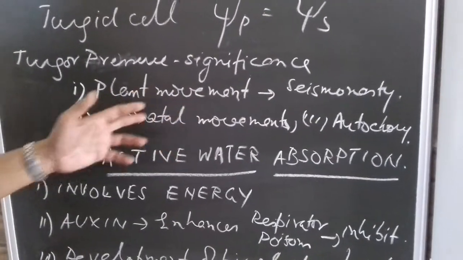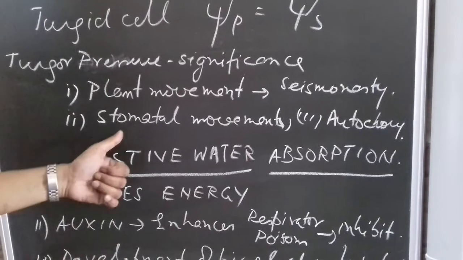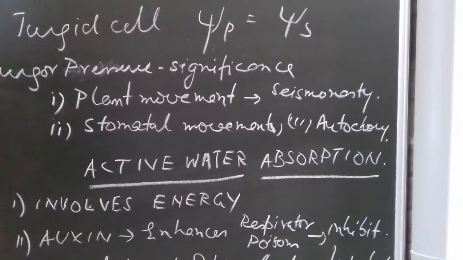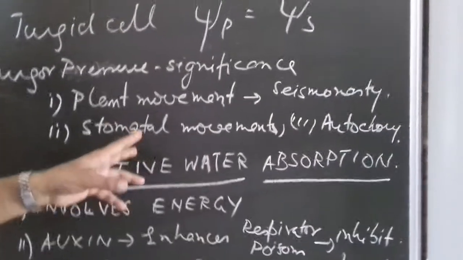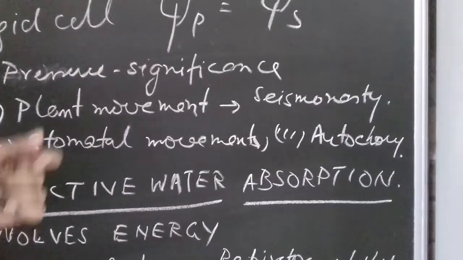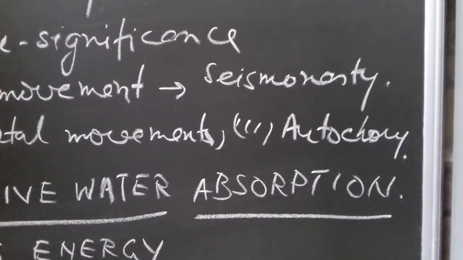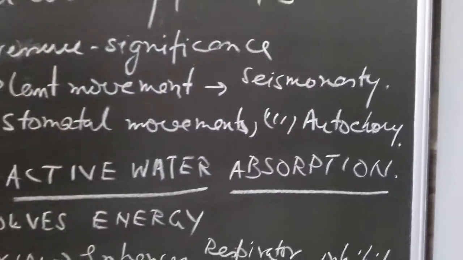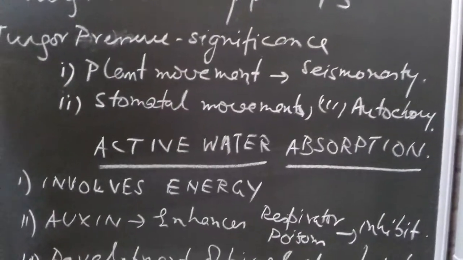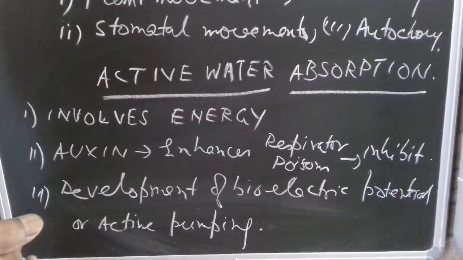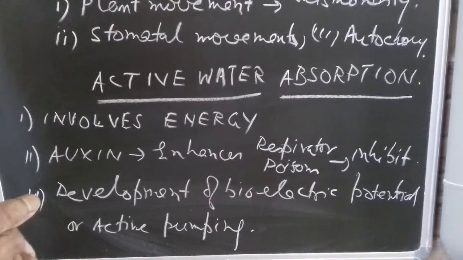That is because of the difference in the turgor pressure. The stomatal movement in the leaf is also controlled by the turgor pressure. Autochory, in some plants, the automatic dispersal of seed, what we call an explosive mechanism, is also due to the development of the turgor pressure.